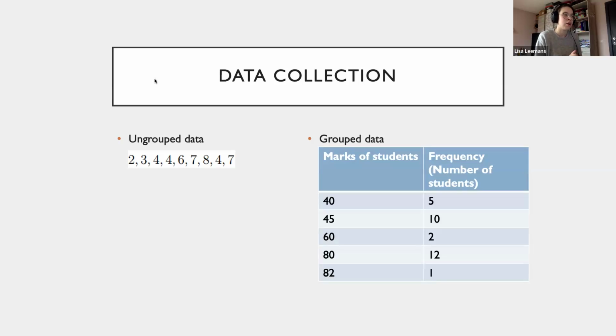You write down the different marks of students, or different types of answers, and then in the other column the frequency, so the number of students that have that mark on their test. This is just an example that we will use later today. So we have two types of data.